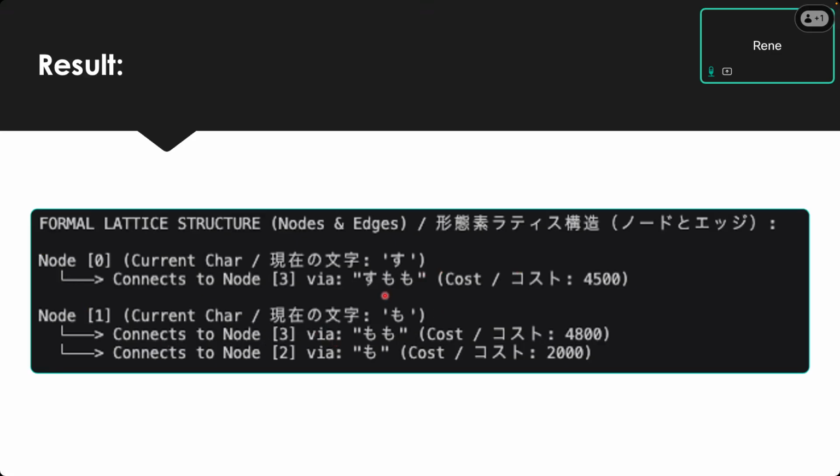In the case that, for example, we have mo, which has two options, right? First, it's going to go with mo, because most likely when a character is alone in Japanese, it can be a connector. Mo, ga, the other connectors that we have, ni. I'm trying to remember my connectors. So first, it's going to go by the connectors, and then it's going to try to see if there's a word that it can use mo at the beginning.